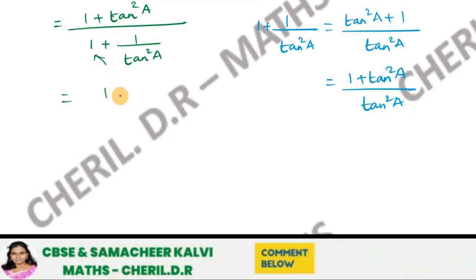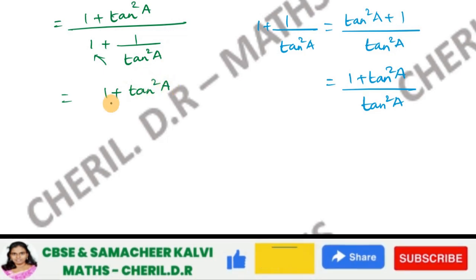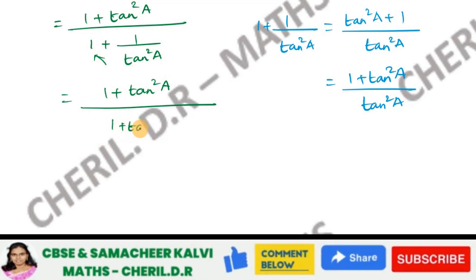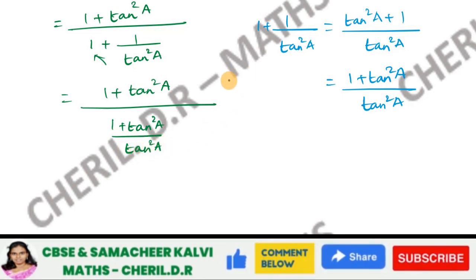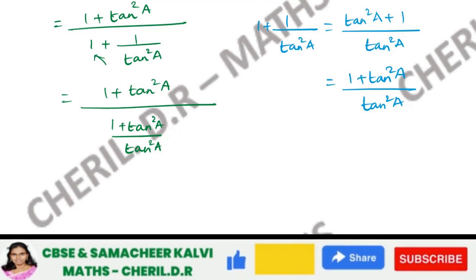So now substituting that here, I have 1 plus tan square A already in the numerator. Now for the denominator I am going to substitute this value. So what will I get there? 1 plus tan square A divided by tan square A. So look into this, I have got some relation here.